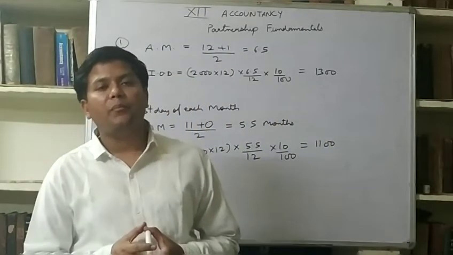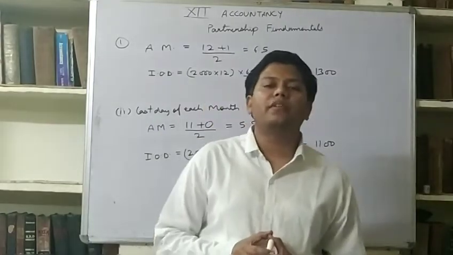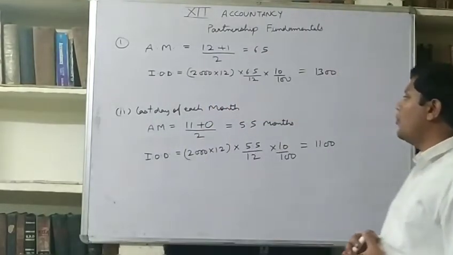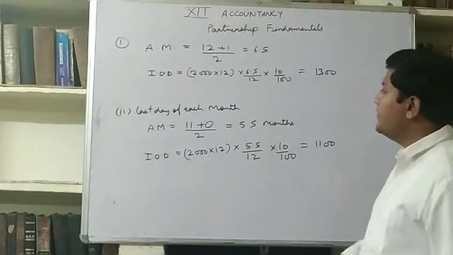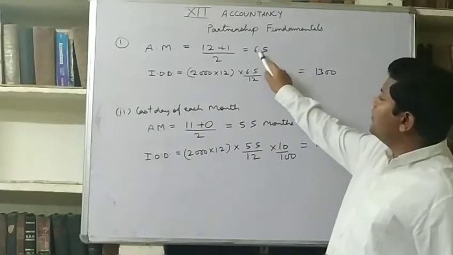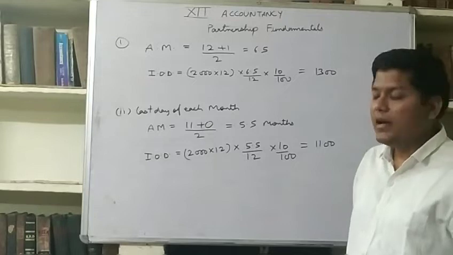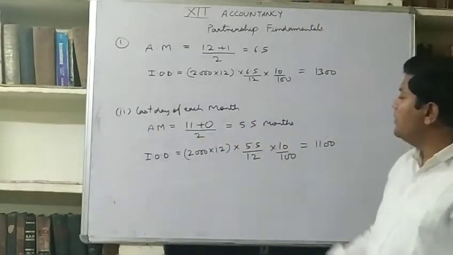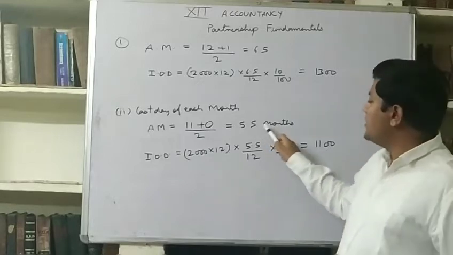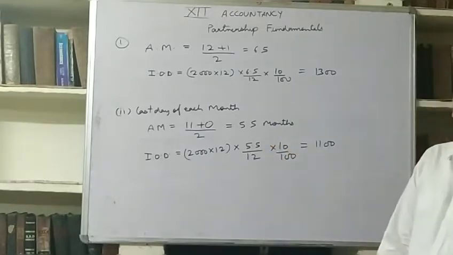When regular drawings are made of equal amount, then we can use the shortcut formula. If he is drawing at the beginning of each month, then 6.5 months interest will be provided. If he is withdrawing on the last day of each month, then 5.5 months interest will be provided.